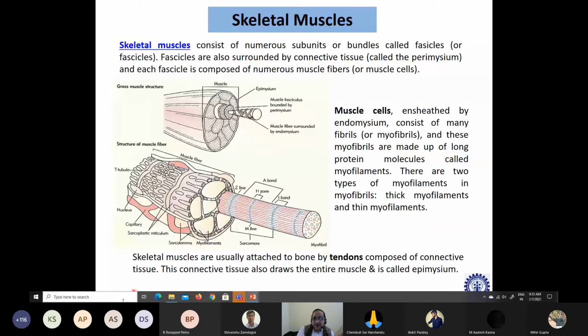Skeletal muscles are usually attached to bone by tendons composed of connective tissue. This connective tissue also surrounds the entire muscle and is called epimysium.